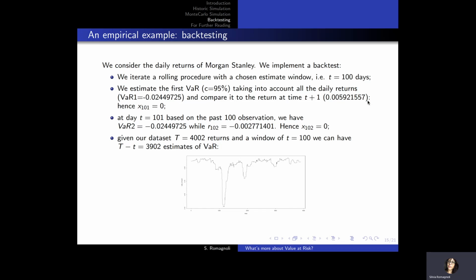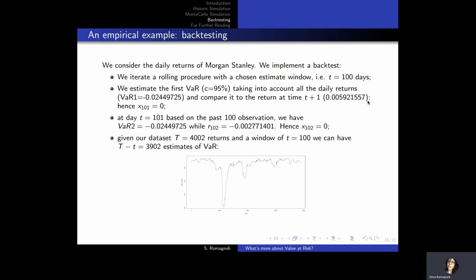Given our data set, which is composed of 4,002 returns and a window of 100 days, we can have capital T minus T, that's 3,902 estimates of VaR, in order to use all the available information.